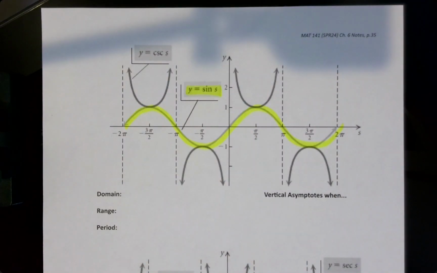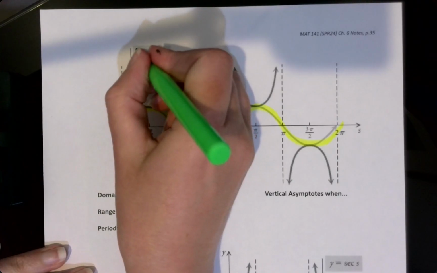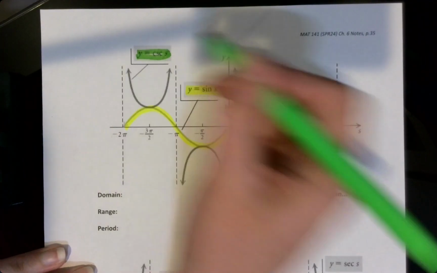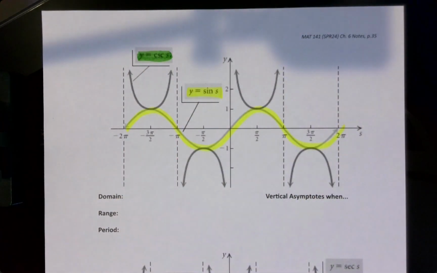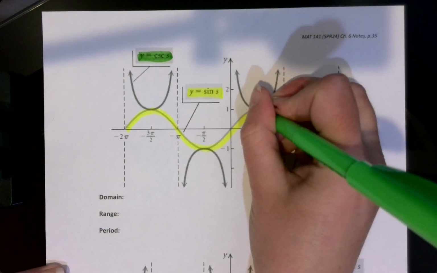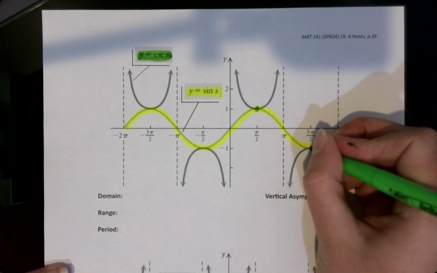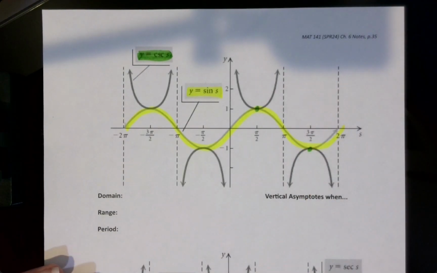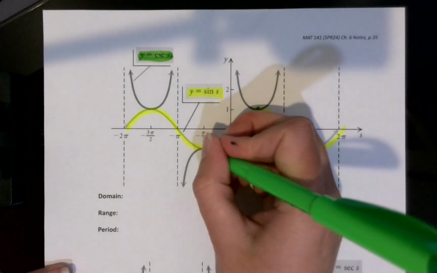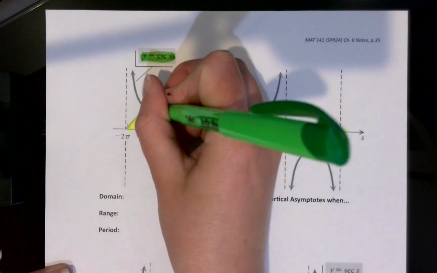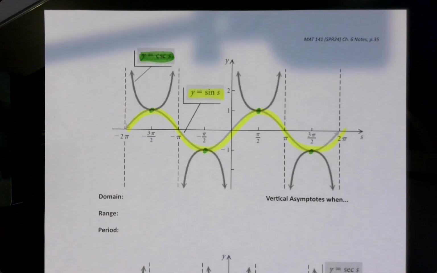We remember that the cosecant function here is the reciprocal of sine. So anywhere that sine is 1, it's going to be 1 over 1, which is still 1. And anywhere that sine is negative 1, it's going to be negative 1 over 1, which is still negative 1. So these graphs are going to meet anytime the sine function was 1 or negative 1.